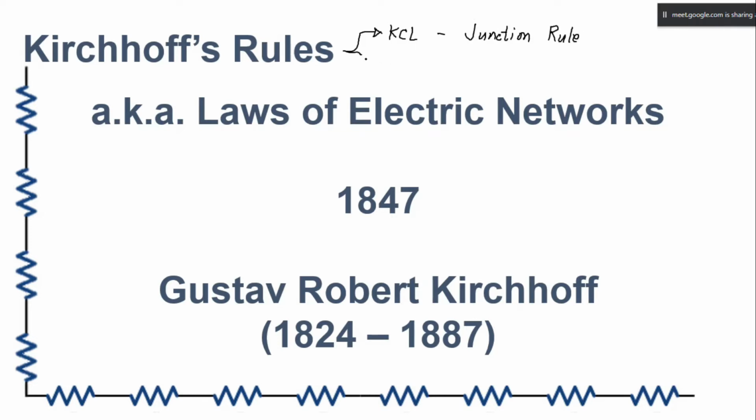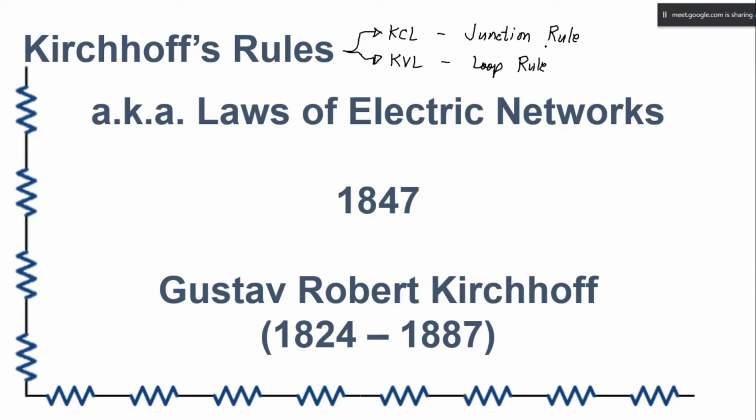And yung pangalawa naman is yung ating tinatawag na KVL, or Kirchhoff voltage law, or minsan tinatawag din itong loop rule. These rules were formulated in 1847 by a German physicist, Gustav Robert Kirchhoff. He was born in 1824 and died in 1887.